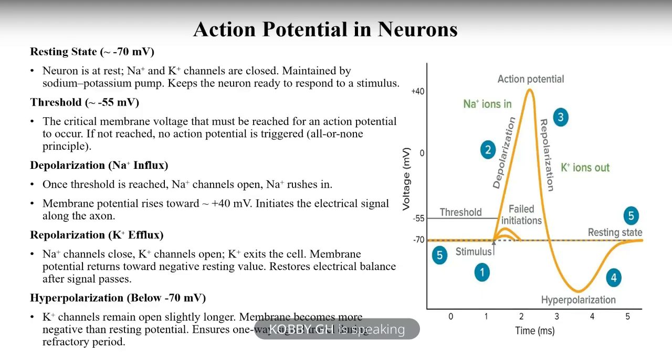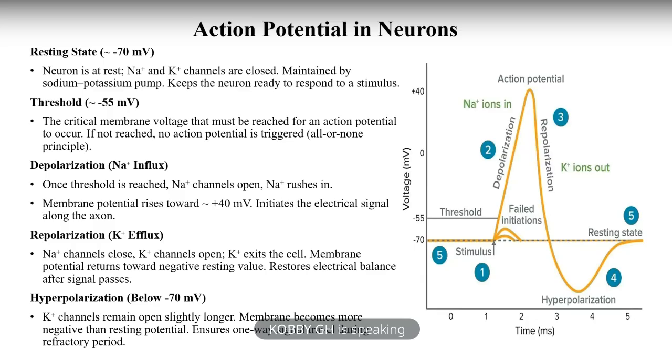You remember neurons can be excited. I taught you that one of the properties of a neuron is excitability. So when a neuron is excited, when it gets to negative 55 millivolts, then it has gotten to a threshold.